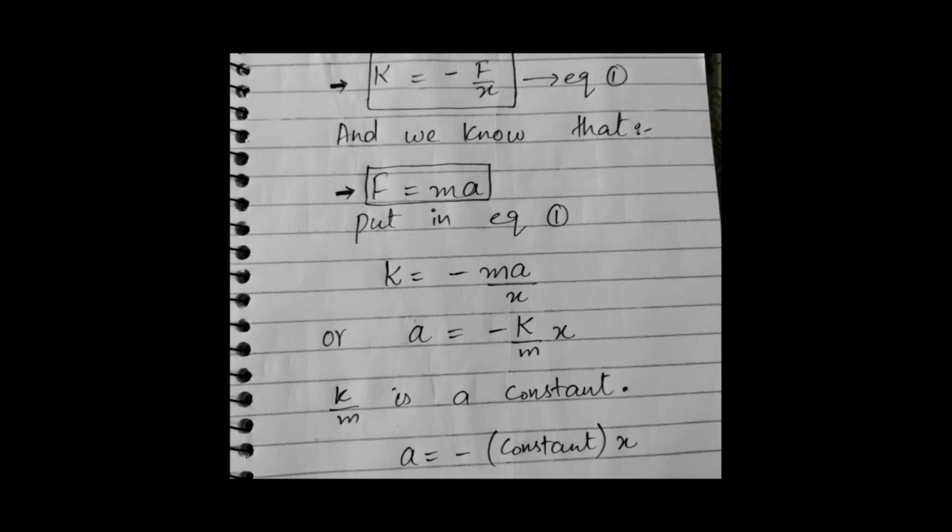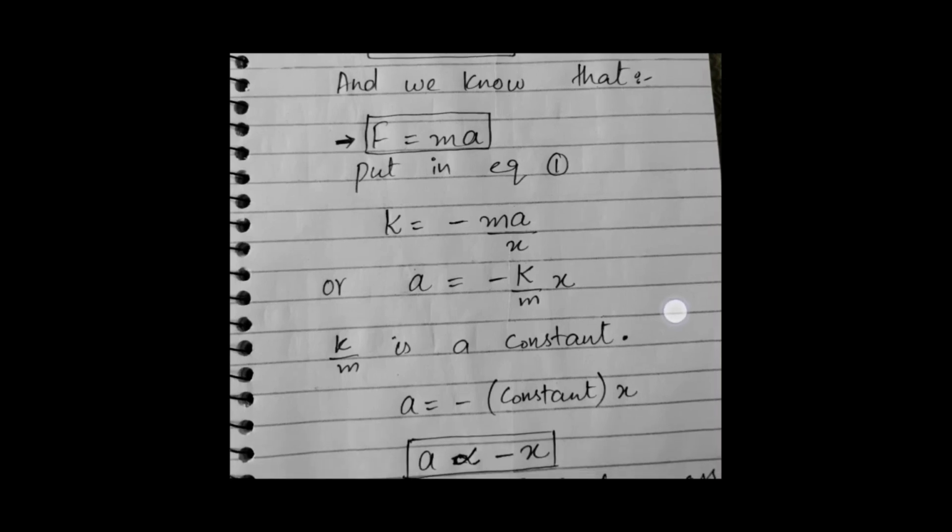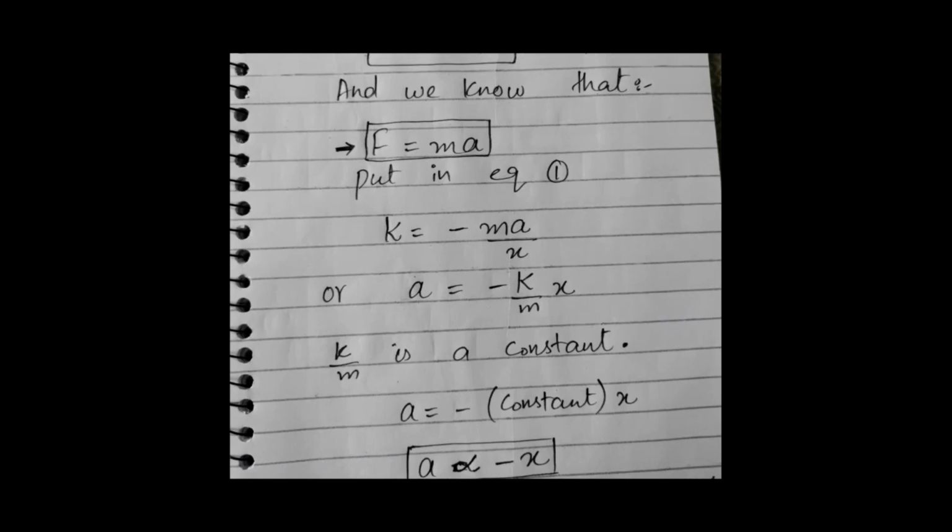Here m is the mass of an object, F is the force, and a is the acceleration. We will find acceleration from the k value, and it will be minus k over m into x. And we know k over m is a constant, because k is the spring constant, a proportionality constant, and mass m is constant, and a constant divided by a constant will give you a constant.